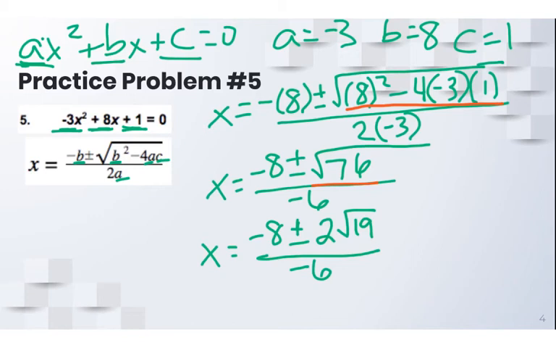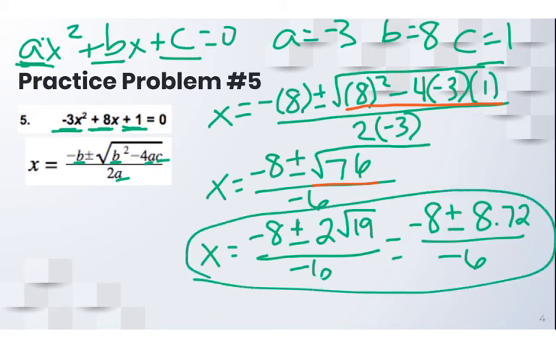But I get, all right, negative 8 plus or minus about 8.72. Now I'm rounding here, divided by negative 6. All right, so with this one, I did run out of room. So make sure you take a picture, do what you got to do. I'm going to erase the top part and just rewrite this line at the top.